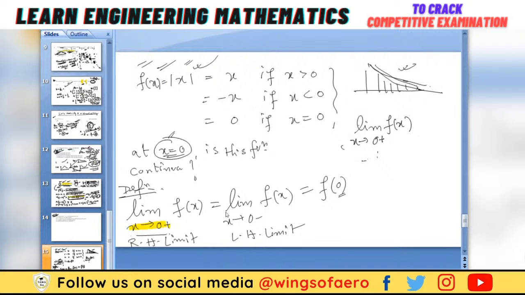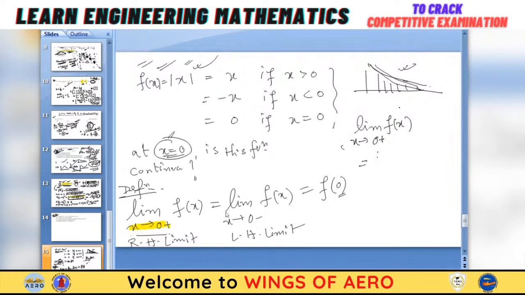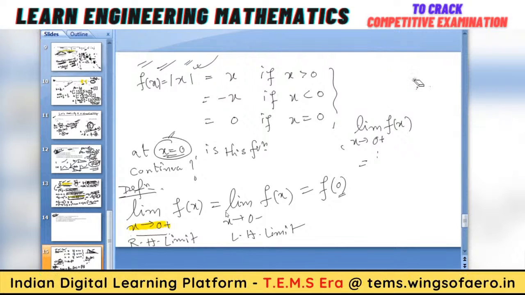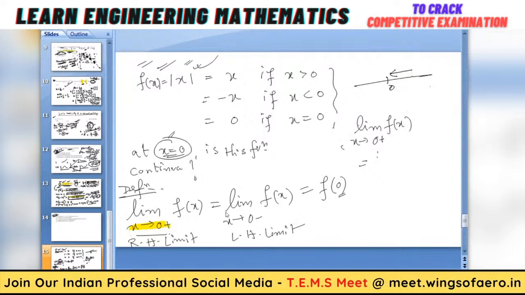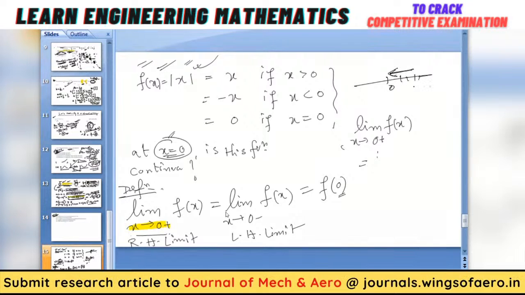Now 0 plus means we are approaching 0 from the right side, isn't it? This is the 0 point. We are approaching 0 from the right side, and from the right side every value is greater than 0.